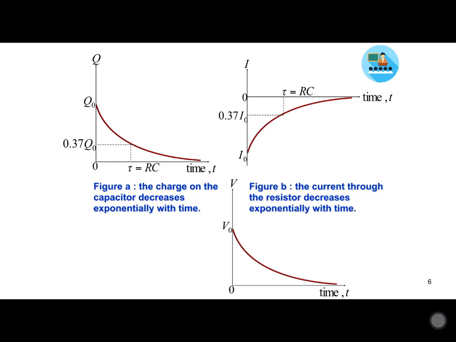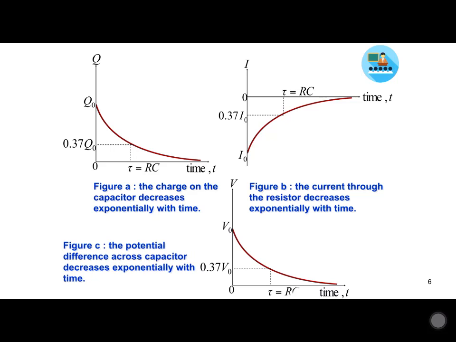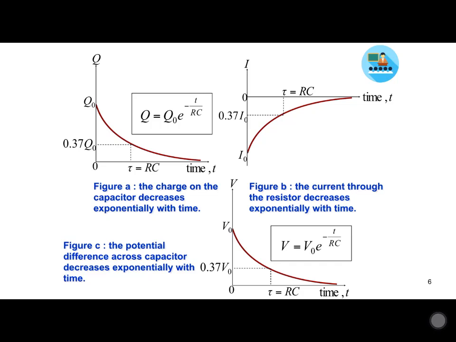And the voltage across the capacitor will decrease exponentially with time. And we will get the equation of discharging as Q equals Q naught exponential negative t over RC, similarly for voltage and also current.